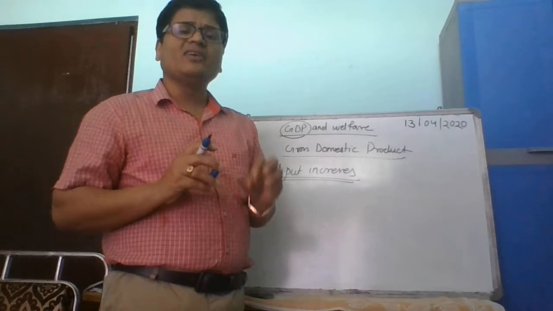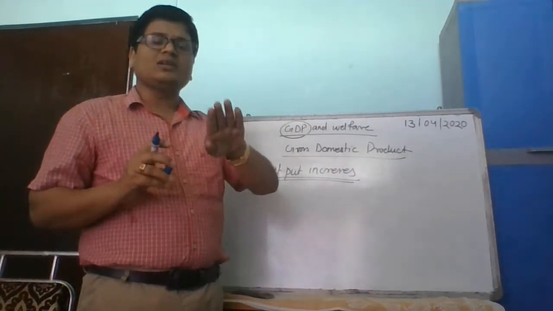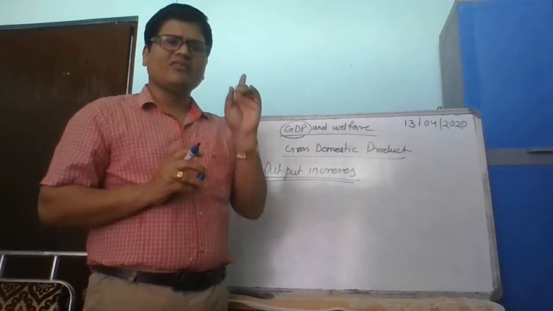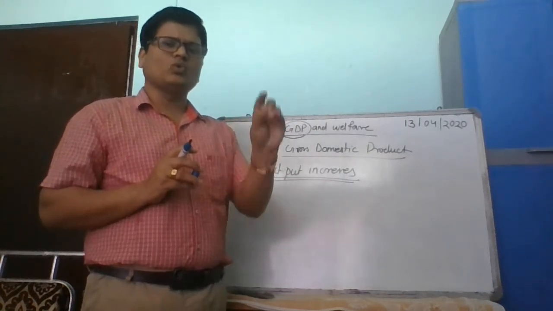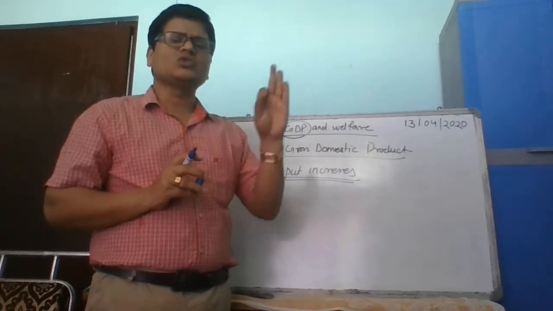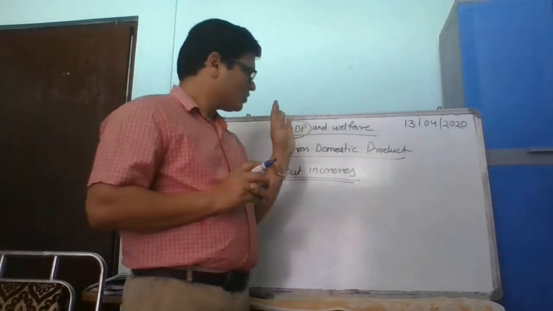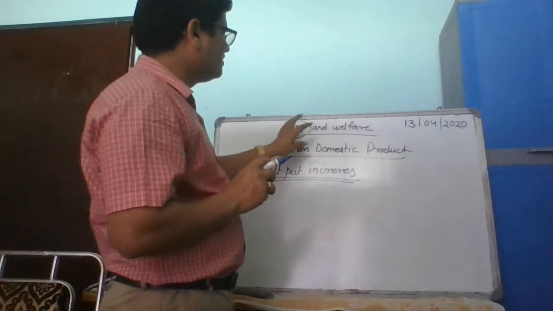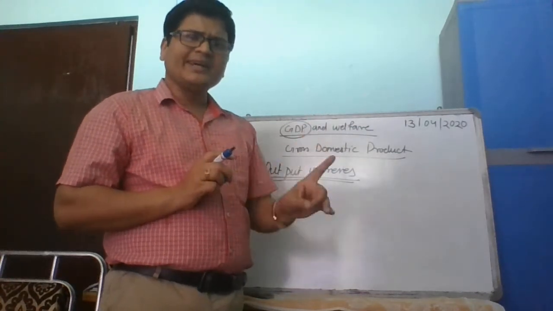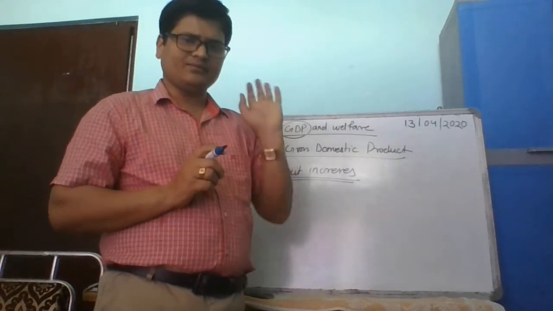That means every individual's share will increase. Every individual gets more goods and services, which leads to welfare. That is called social welfare. So there is a positive relationship between an increase in real GDP and welfare.